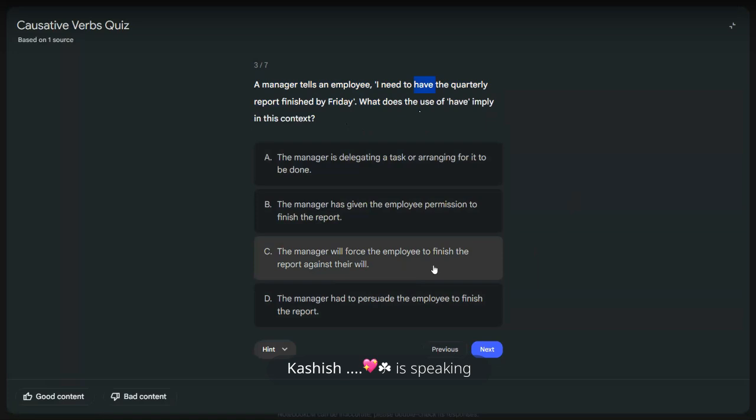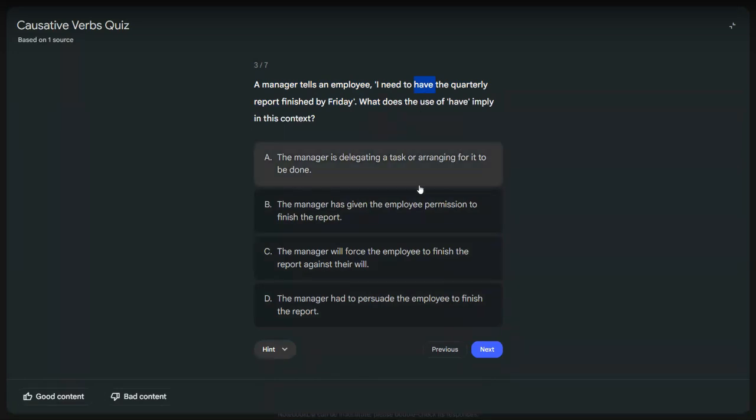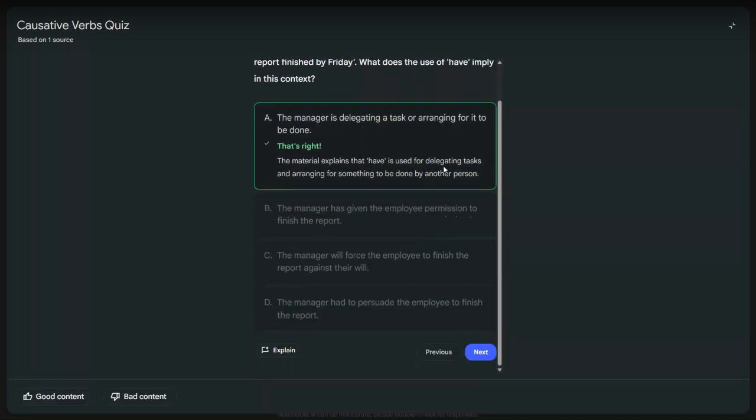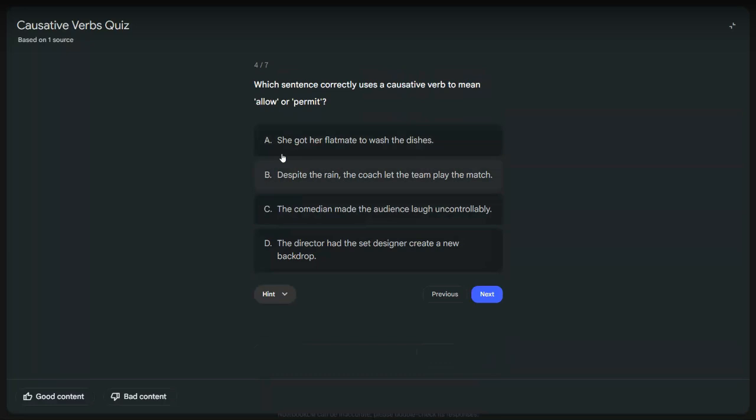That is A. The manager is not forcing. See, the manager is using have, and for have we said arranging, right? Can you see anything arranging here? Option A. Have is for arranging. Remember it. Aman, you were right.